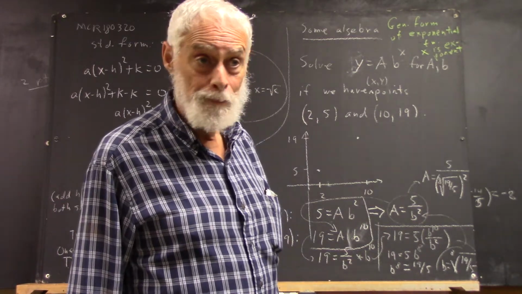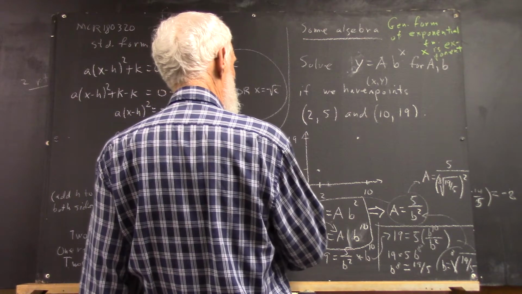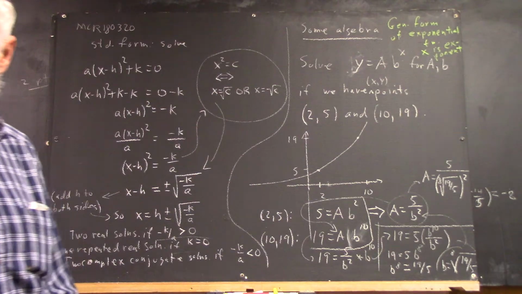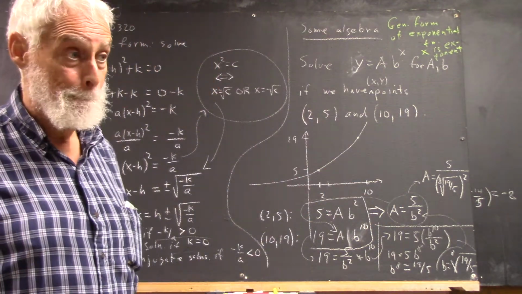And now you've got your function. Okay? And if you graph that function, it's going to have a graph that looks like this. It just looks like the 2 to the x function, except the points are different.